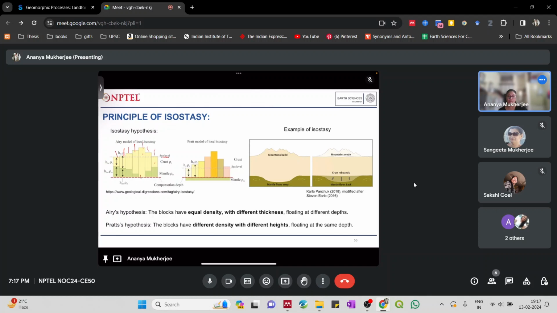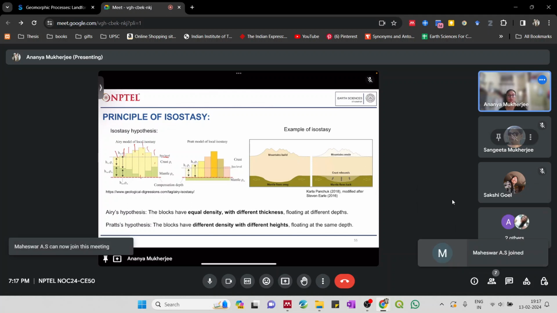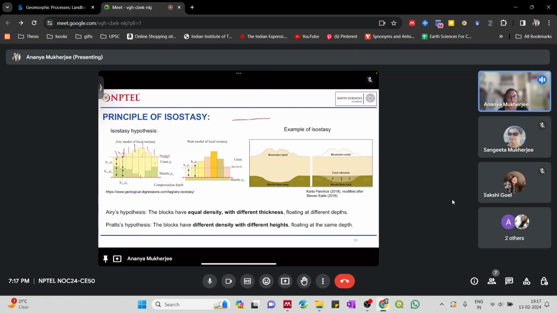So if this is your sea level, and this lithospheric column has more material above the sea level, and this lithospheric column has lesser material above the sea level, then there is a balanced amount of material.